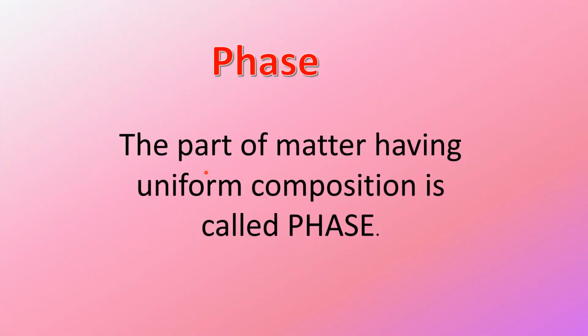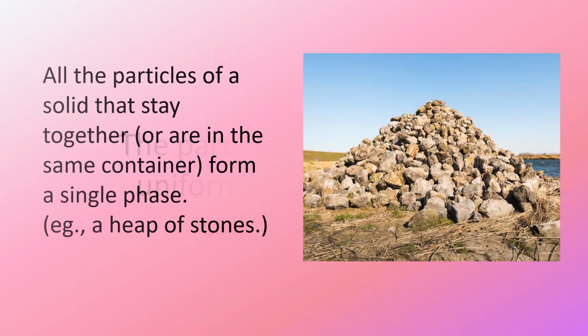Now phase. The part of matter having uniform composition is called a phase. Means if uniformity is there, then that is called a single phase. All the particles of a solid that stay together or in the same container form a single phase. Example, a heap of stones.